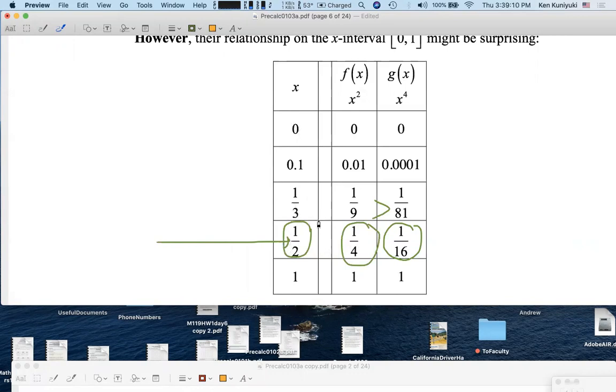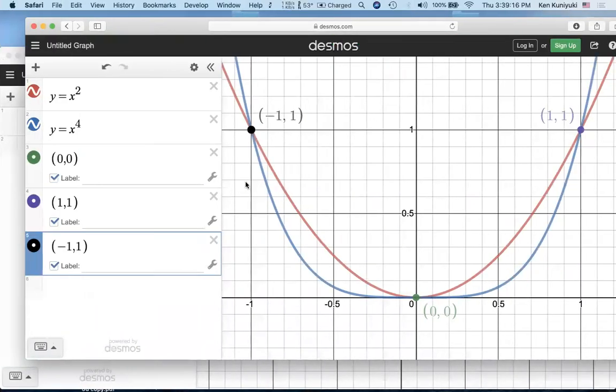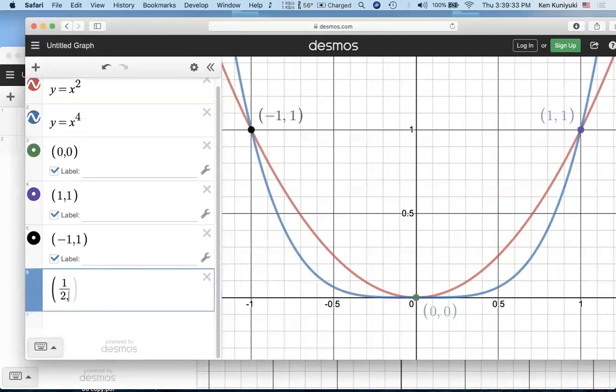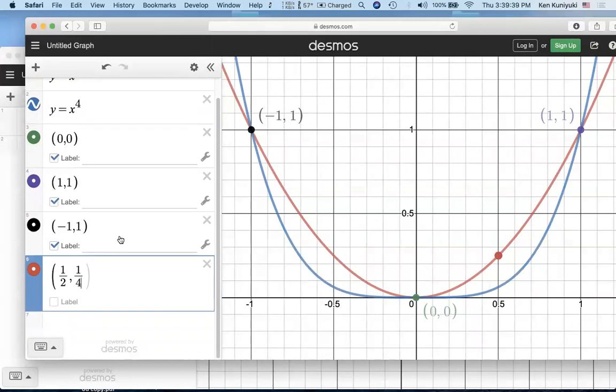And at x equals 0 and x equals 1, and at x equals -1, there's a tie corresponding to these intersection points. But for values like 1/2 or 0.5, the red graph actually beats the blue graph in y coordinate. Here's 1/4, here's 1/16. 1/2 comma 1/4 is on the red graph, the square.